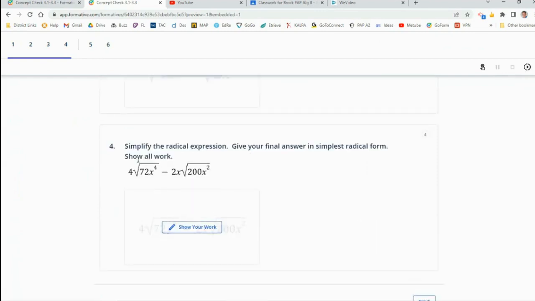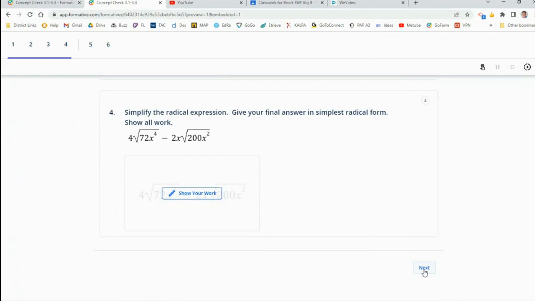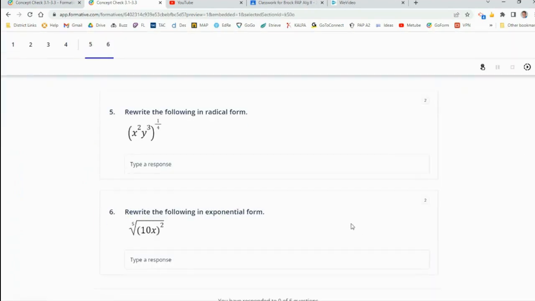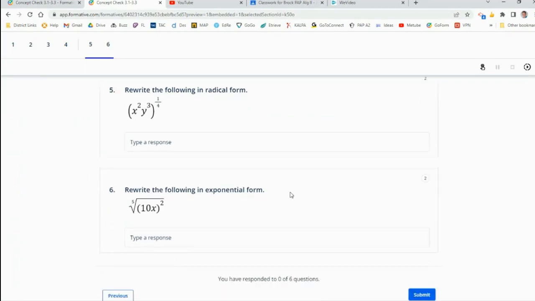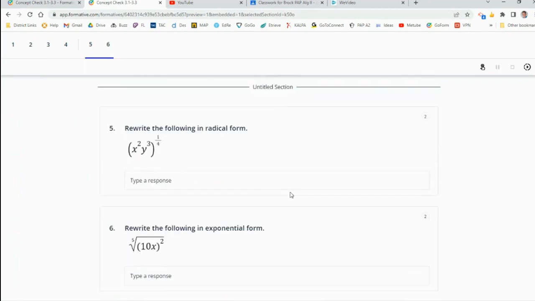And simplify the radical expression. 4 square roots of 72x to the 4th minus 2x times the square root of 200x squared. Then we have 2 more problems on the next page. Rewrite this in radical form. Rewrite this in exponential form. And that's it. You have 6 questions on the little concept check quiz.